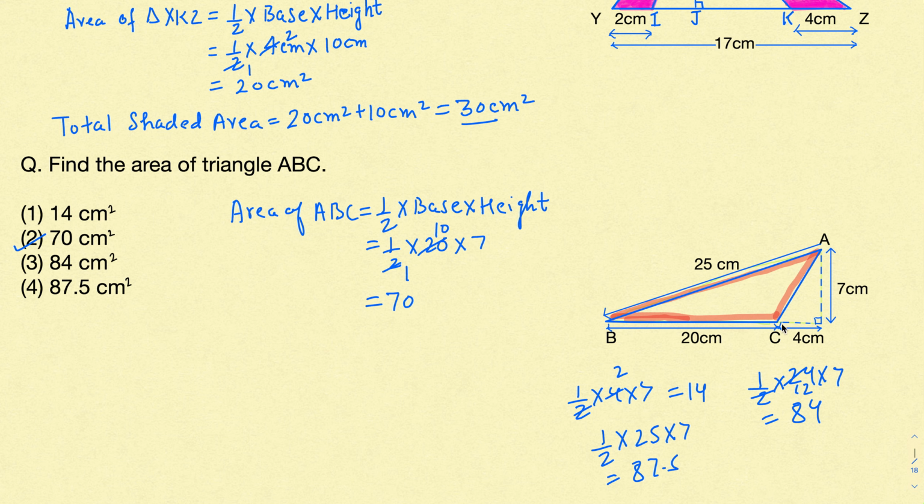Third vertex means the one which is not involved in the base. In this case, it is A, because our base is BC. So please do remember this and do these kinds of questions carefully. Although they are very, very simple, quite a lot of you make mistakes.